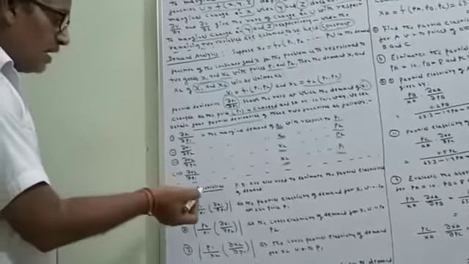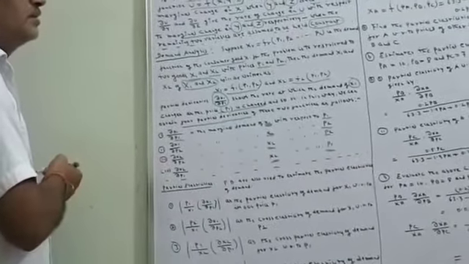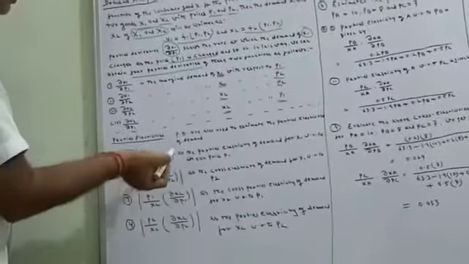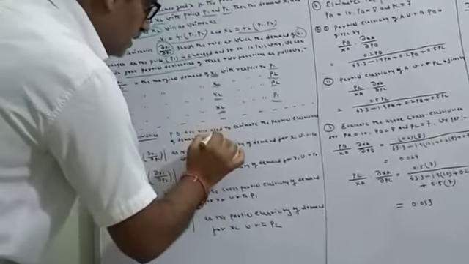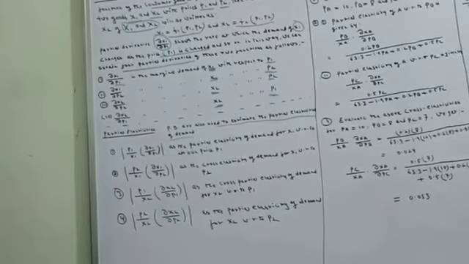Now, partial elasticities. How can partial elasticities be calculated? By applying partial derivatives. Partial derivatives are also used to estimate the partial elasticities of demand, and may be written in the following form.